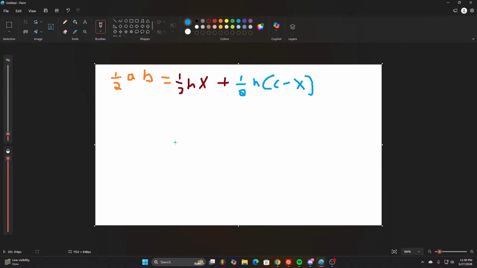So we're going to do some fun stuff right here. I'm going to take out like terms. Notice how 1/2 and h are a like term in both parts of our equation, so we can take that out.